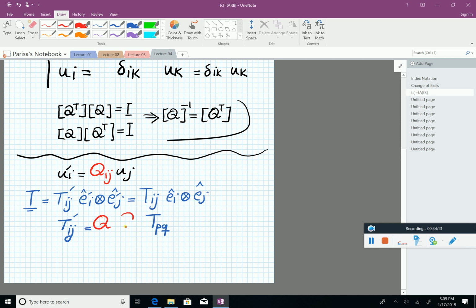Instead of one q, I have to have two q's. This is for second order tensor. So this is second order. And these are, so this is I and j and p and q.